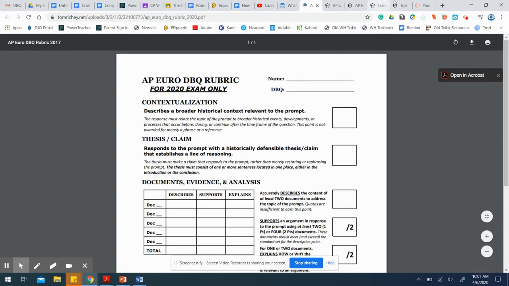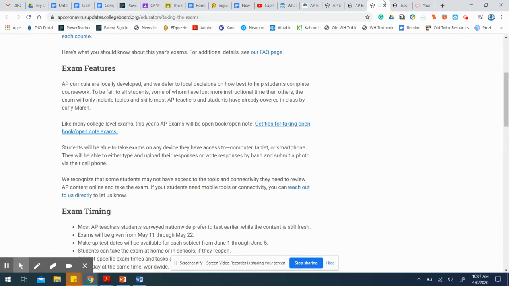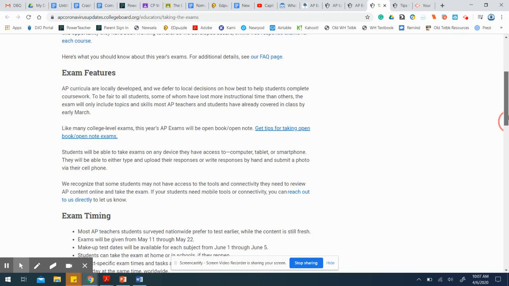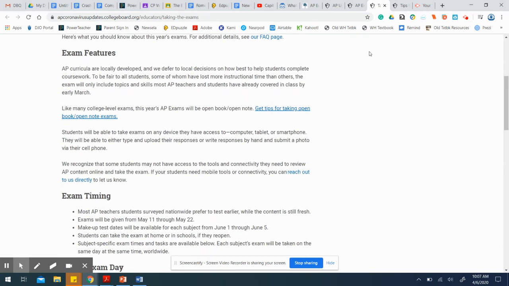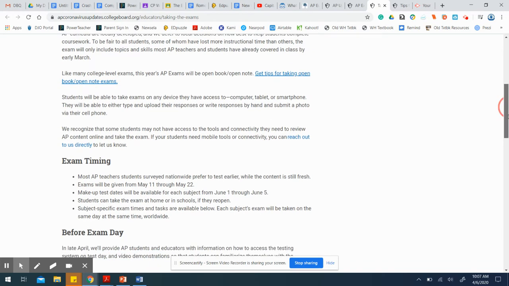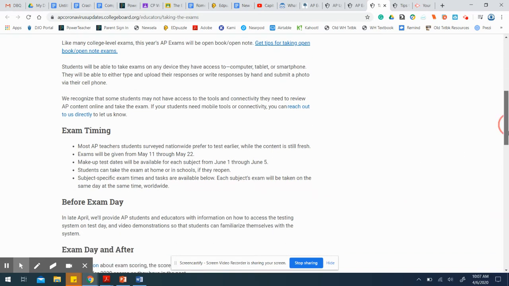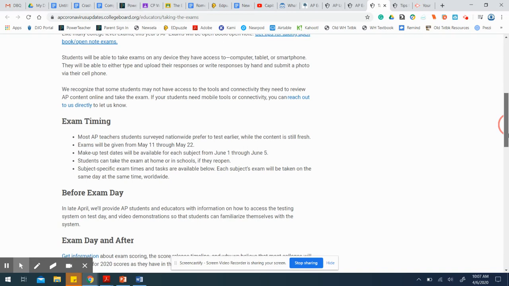So that's the rubric. That's the tips on the AP exam, as well as how you should take the exam with a time constraint. Oh, there are makeup exams for whatever reason. I think it needs to be approved if you cannot make the initial exam date on the 13th.